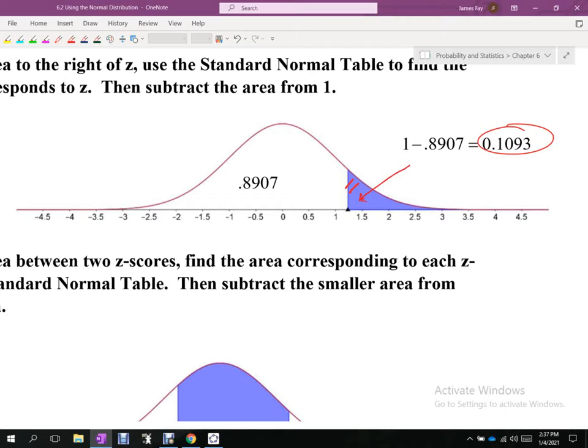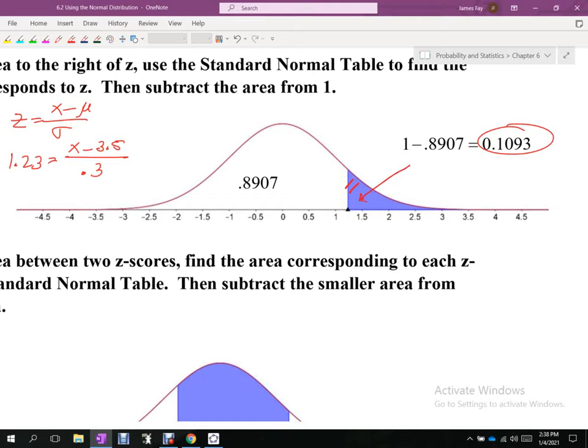Okay, so let's go back to the scenario where when we find a z-score, it's x minus mu over standard deviation. Right now, I know my z-score is 1.23. X minus mu, let's say mu again, we were talking about 3.5 hours use of our cell phone, and our standard deviation was 0.3. So if I go ahead and multiply that out, 1.23, I'm going to solve for x here.